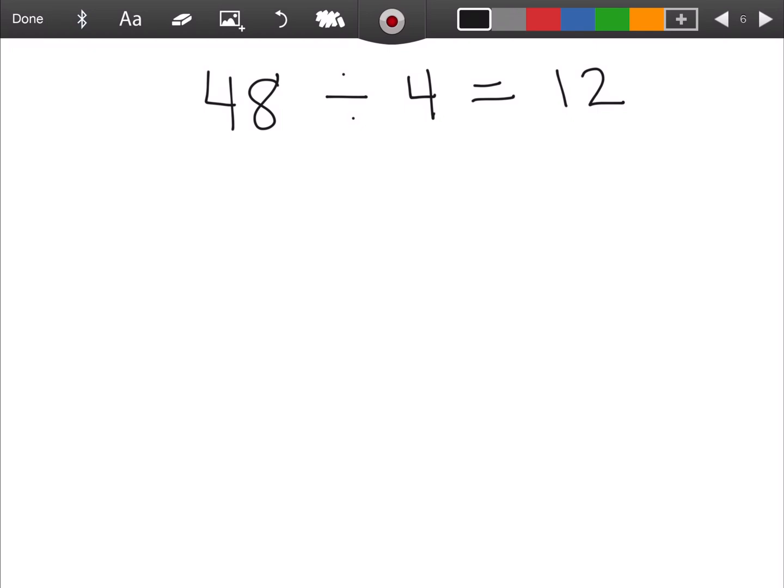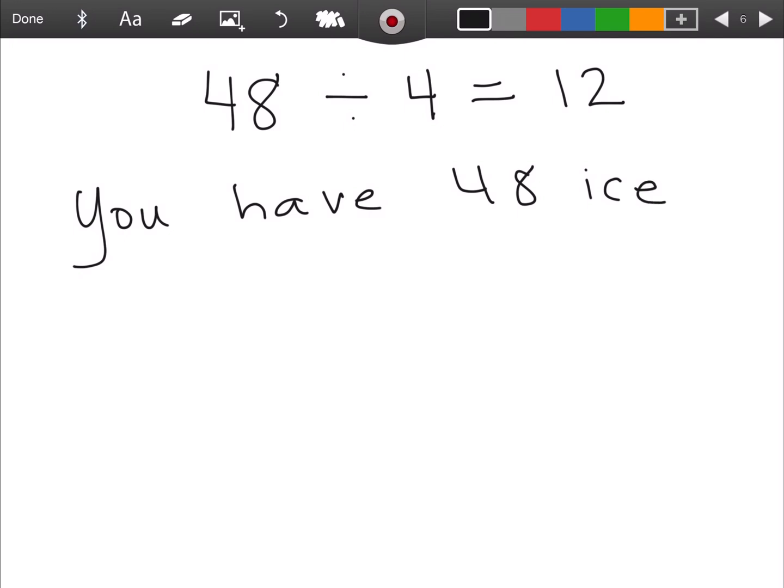So I could say something like, you have 48 ice cream bars.